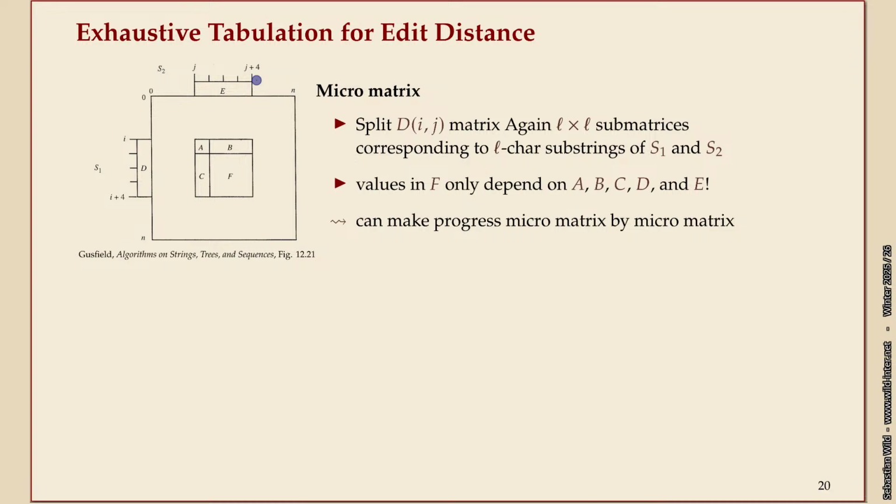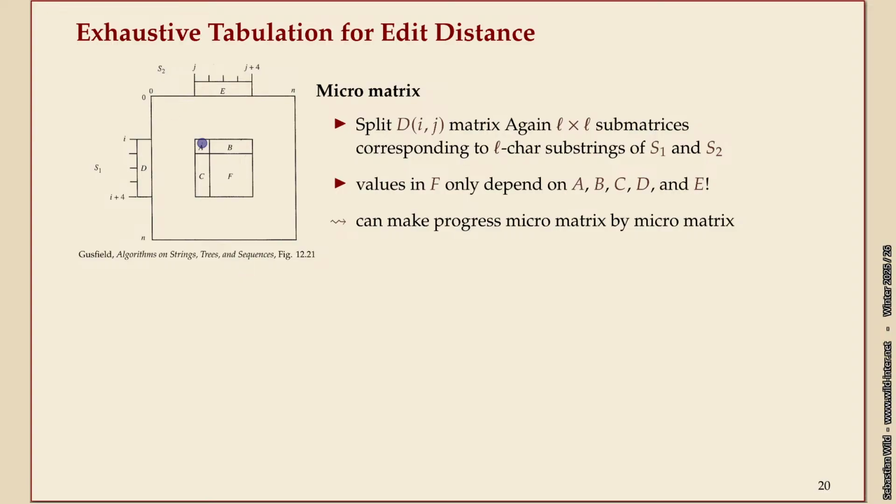And now you have to study a bit deeper what the problem is about. And here I took the figure from Dan Gusfield's book, where this is also explained in more detail than I'll talk about if you want to read it up.